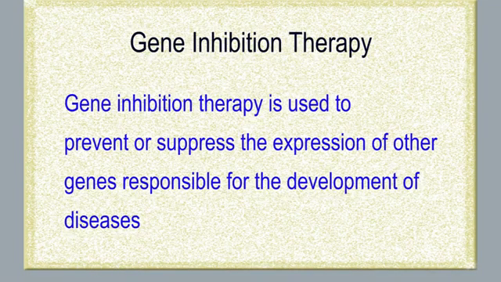Gene inhibition therapy is used to prevent or suppress the expression of other genes responsible for the development of disease. The high expression of a gene can lead to many diseases by producing gene products in more than the sufficient amount. This therapy mainly works by introducing a gene which can inhibit the other gene's expression or interfere with the gene product's activity.